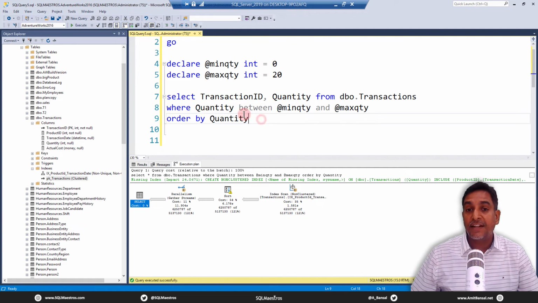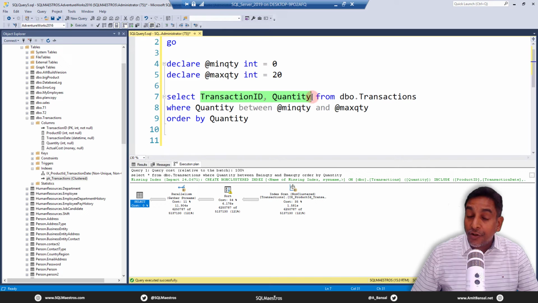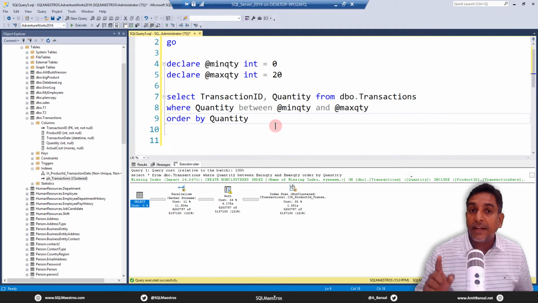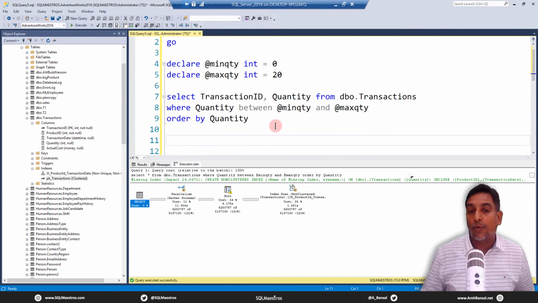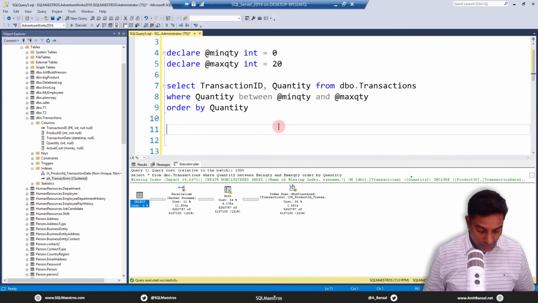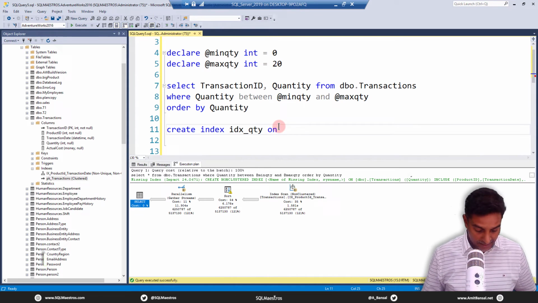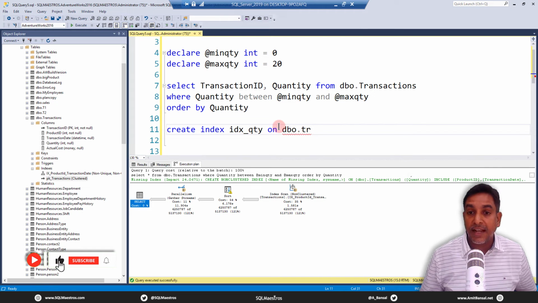But by looking at the attributes that I need in my query, it might affect my decision of choosing the right attributes for the new index that I want to create. So what I want to do is, let's say, create index, and let's call it idx_qty on dbo.transactions.